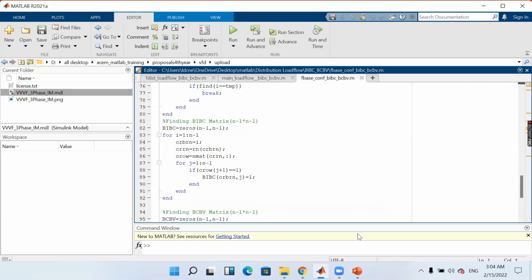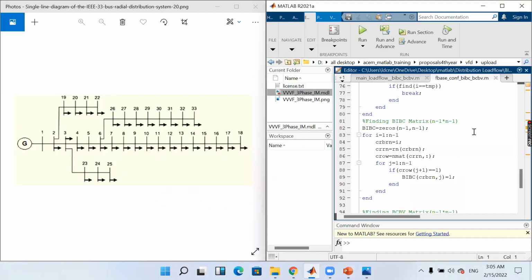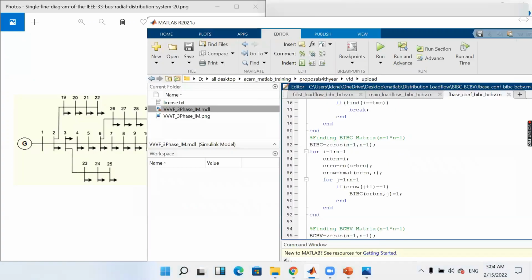Let's see the diagram of the IEEE 33 bus test system. Here I want to revise the N matrix once again. The N matrix gives us the information of interconnection of buses.